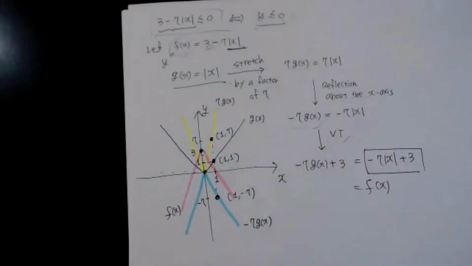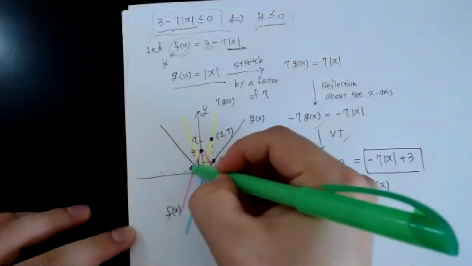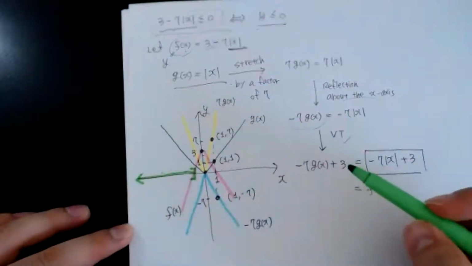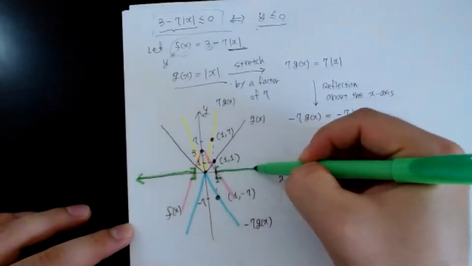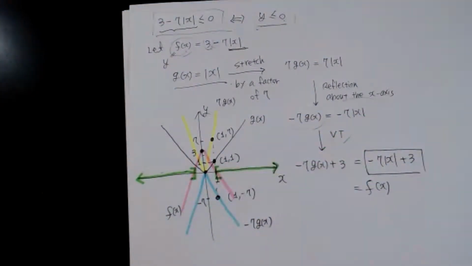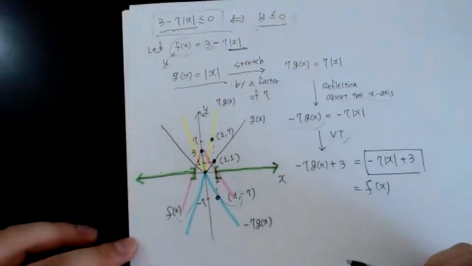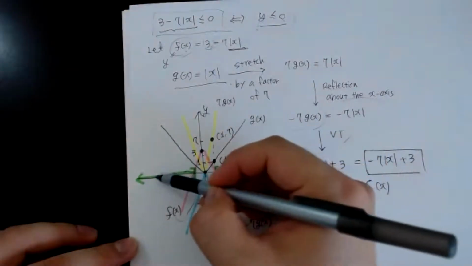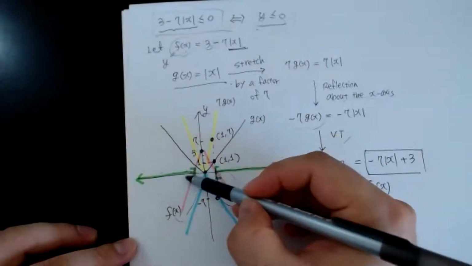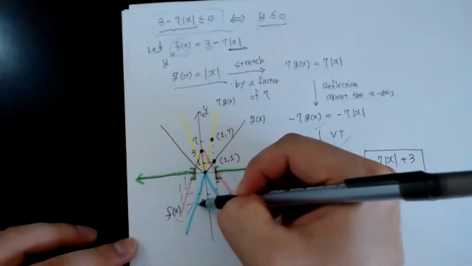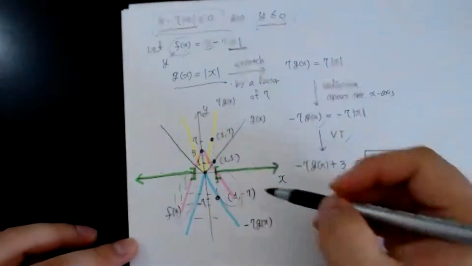From negative infinity to that point, and then from this one to infinity, those two intervals have corresponding y coordinates less than 0. How come? Look at the graph. The graph lies below the x-axis. It means that for every single x coordinate in this interval, the corresponding y value is negative.